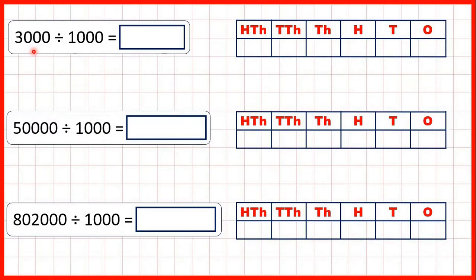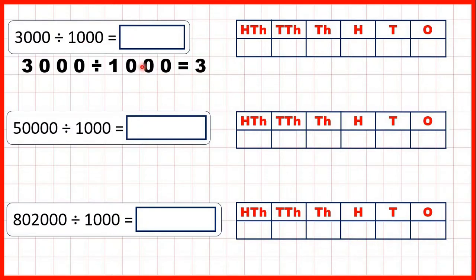Now for these questions, we start with multiples of 1,000, so numbers that end in 3 zeros, numbers that have zeros in the hundreds, tens and ones, and we're dividing by 1,000. First, we have 3,000 divided by 1,000.